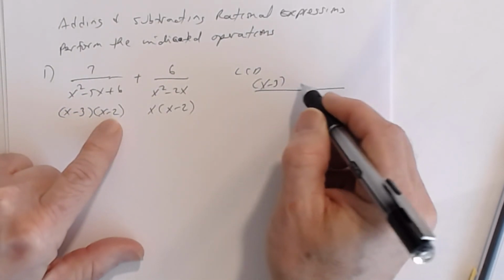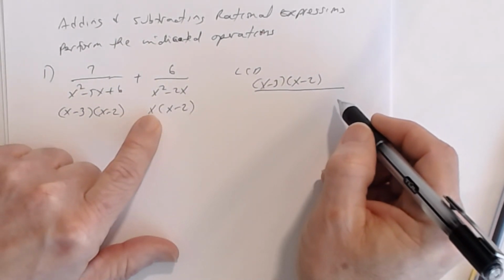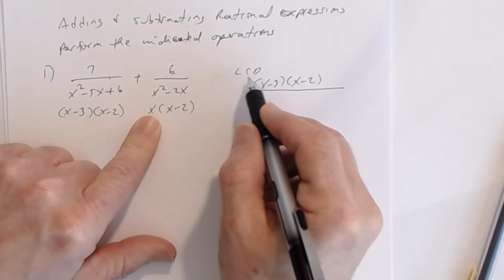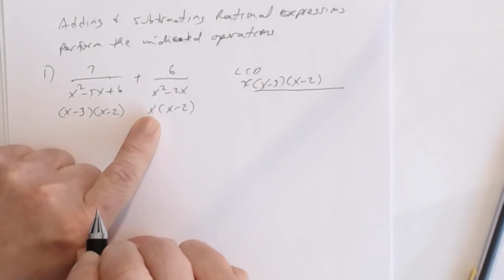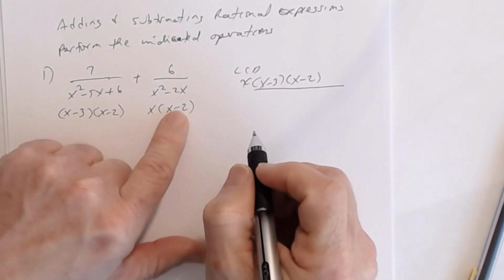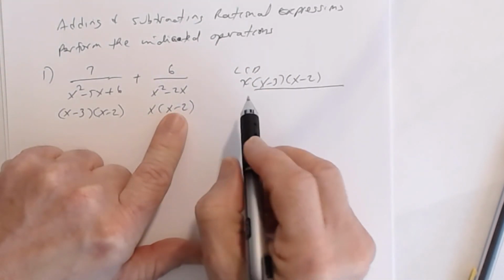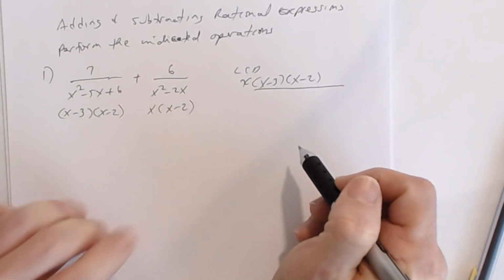I have an x minus 2, I have to use it in my LCD. I have an x, I have to use it, but always put the monomial factor at the beginning. So put the x in the front. So you have a monomial times a binomial times a binomial. I have an x minus 2, I already have it. So this LCD is these three factors multiplied together.